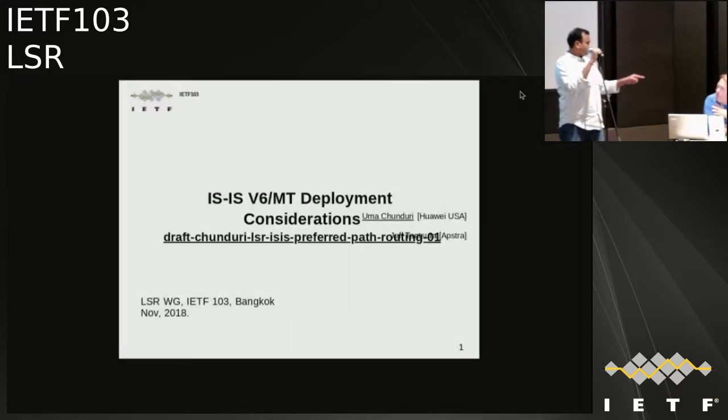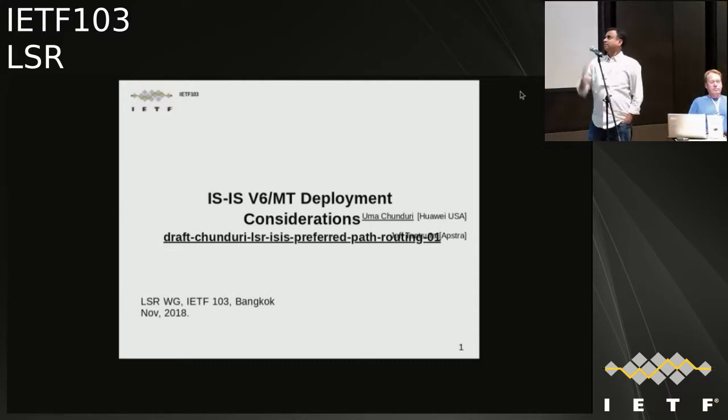If you see the 00 version, it's informational, but when we were uploading 01, I had an ID uploading tool issue. Tero helped me fix that one. I'll fix that. So it is informational. Okay.